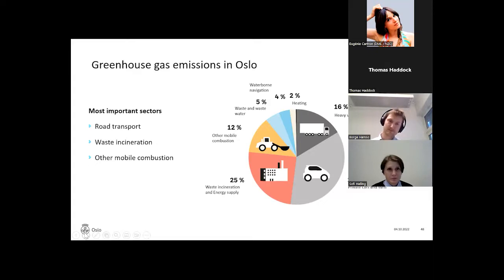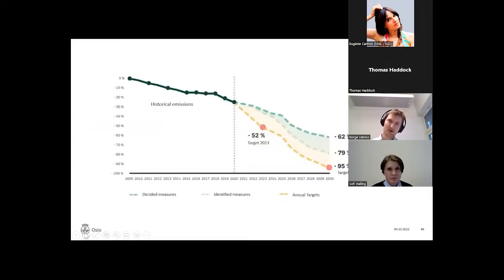Next slide, please. I'm going through this a bit quick, but we only have 15 minutes. This somewhat complicated figure shows the culmination of the climate budget analysis for 2023. The dark green line on the left is historical emissions taken from our greenhouse gas inventory.